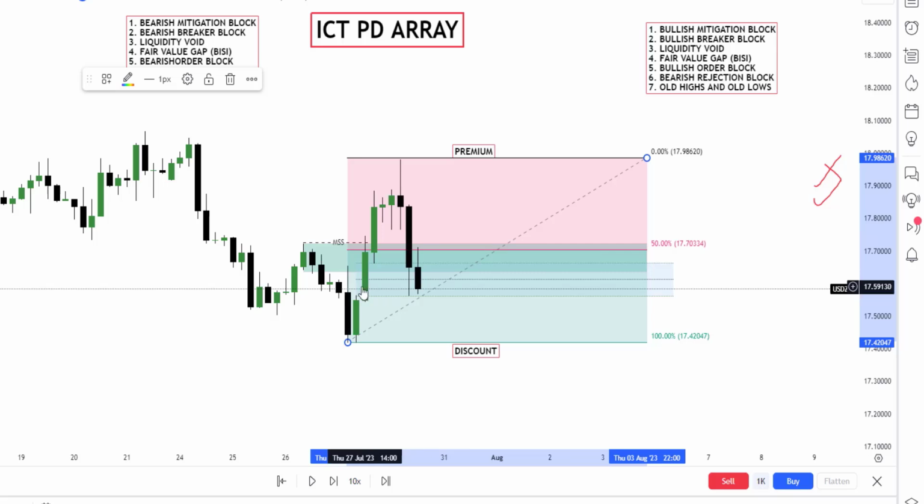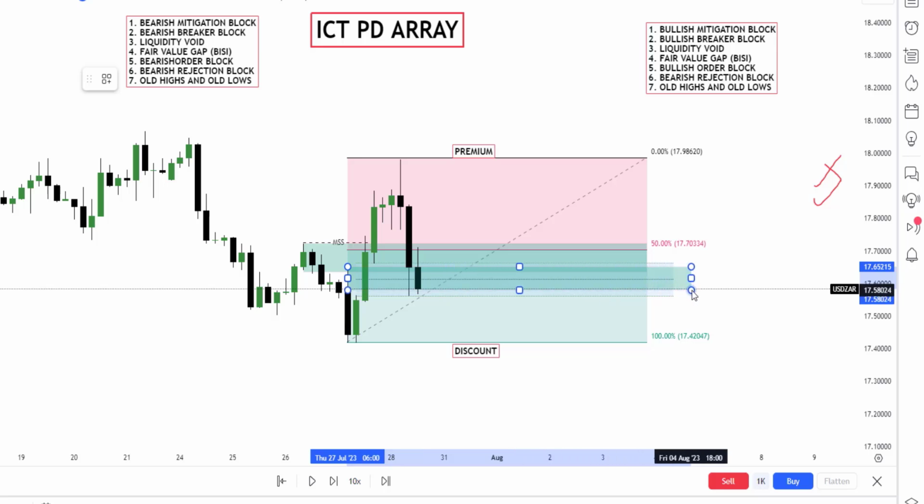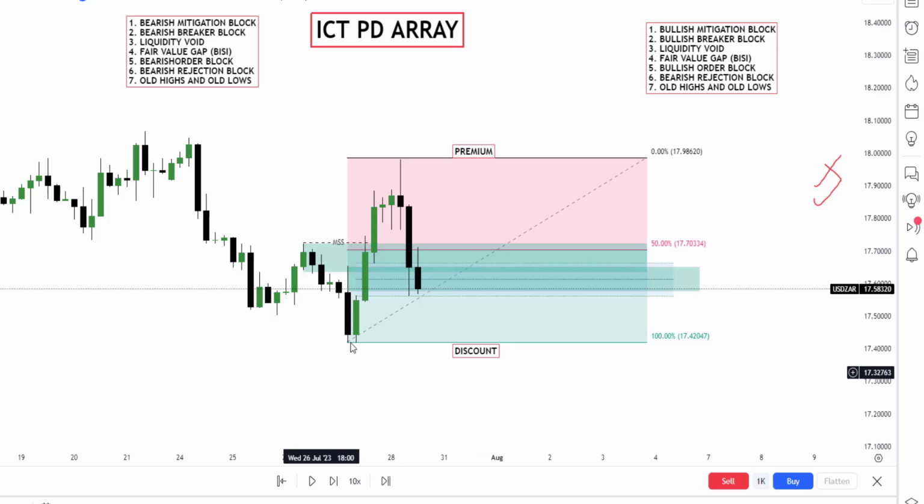If that fair value gap has an order block beside it, it becomes so heavily equipped to reject price. So this order block, this one, this black candlestick, this bearish candlestick is your order block, right? This guy is your order block. So this particular guy has a fair value gap and makes it stronger, and the fair value gap also becomes strong.